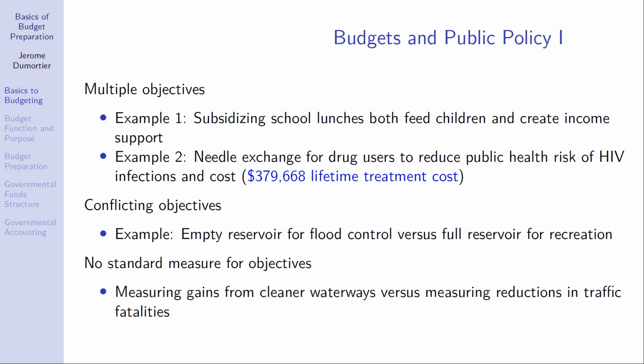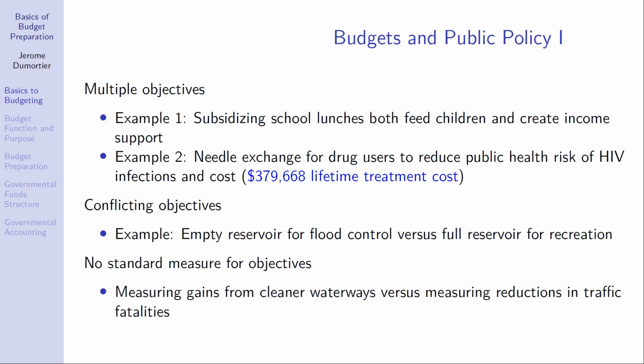The second example is if you are thinking about establishing or allowing needle exchanges for drug users in order to hit two objectives. First, to reduce the public health risk associated with HIV infections, as well as reduce the cost associated with HIV infections. For example, the lifetime treatment cost of an HIV infection is estimated to be close to $380,000 by the Center for Disease Control.